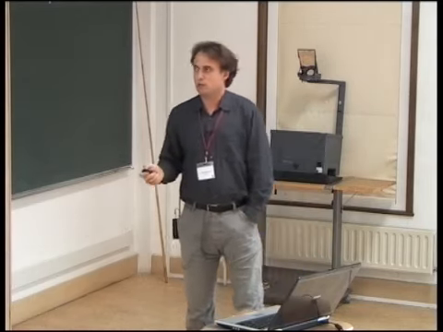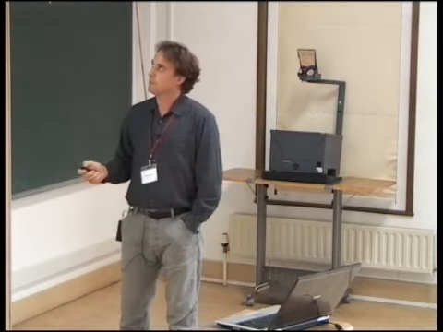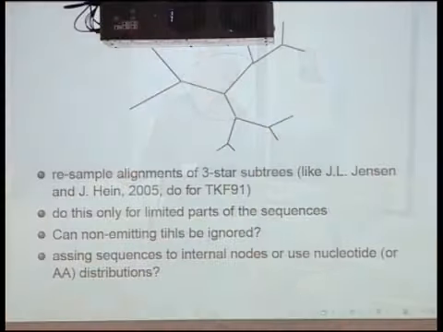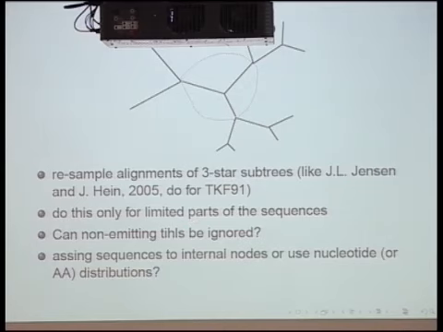And there are some questions around, for example, there are sort of non-emitting events, which means, is it possible that some positions are inserted in the tree but don't have any homologous partners in the tips of the tree? Maybe this can be ignored. This would accelerate computations a bit. This must be investigated once we have the program ready.